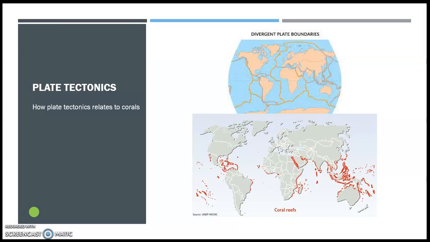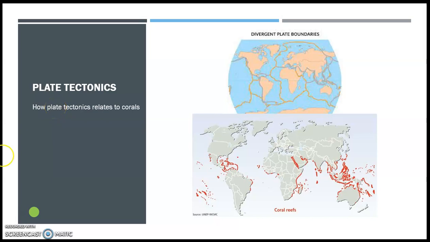This does not apply to some locations because they have other factors that limit the growth of corals. For example, in the Atlantic, the boundary is very deep and there's not enough sunlight for the corals. And in the northern parts of the world, it's too cold for the coral, so the plate boundary would help the coral, but it doesn't guarantee the growth.